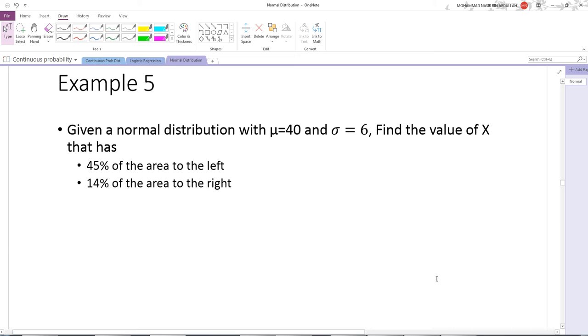So let's look at example number 5. Given a normal distribution with mean equal to 40 and sigma is equal to 6, we want to find the value of x that has 45% of the area to the left. So now we need to illustrate this situation by using a normal distribution curve. So 45% to the left. So this is the left hand side kan.